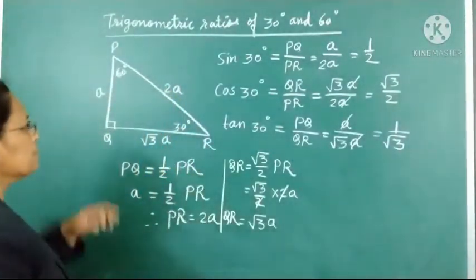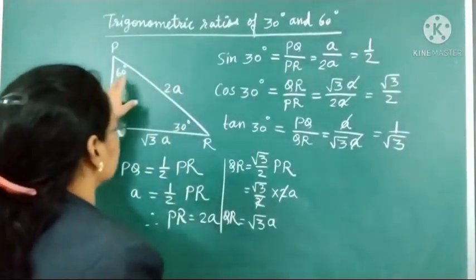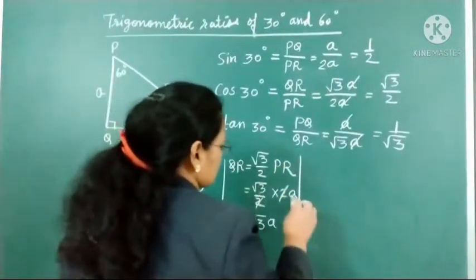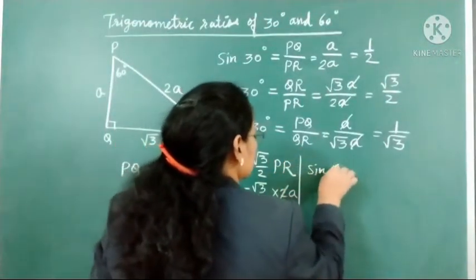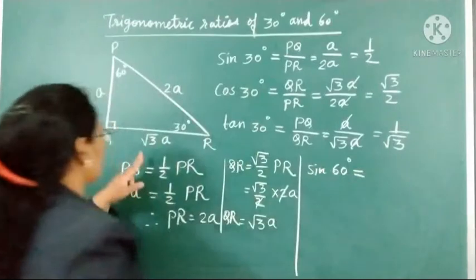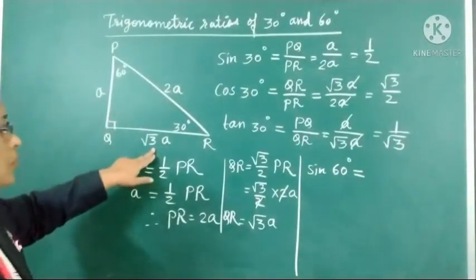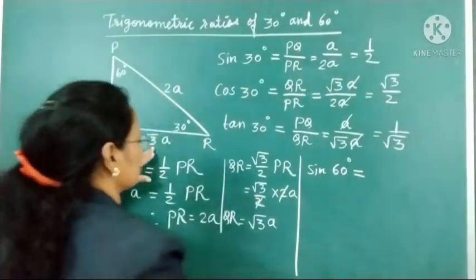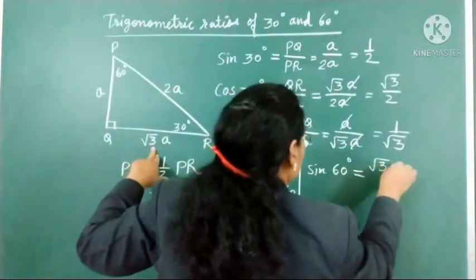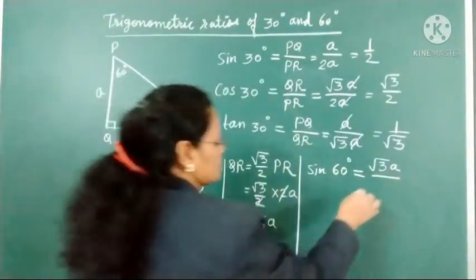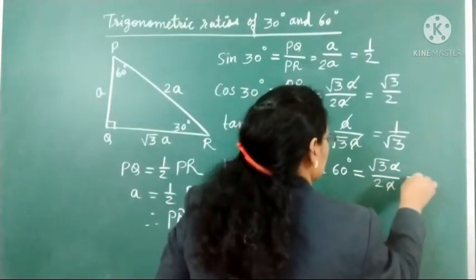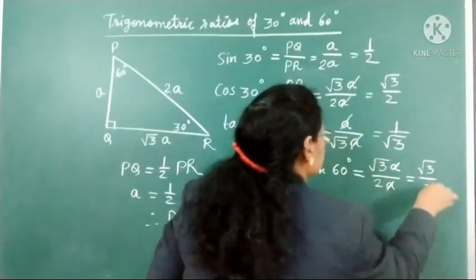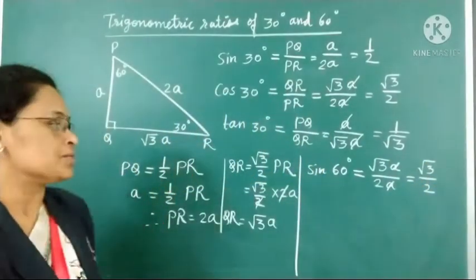Similarly, let's find sine, cos and tan of 60 degree. Sine 60 degree: opposite side root 3A upon hypotenuse 2A. After cancelling A, we get root 3 by 2.